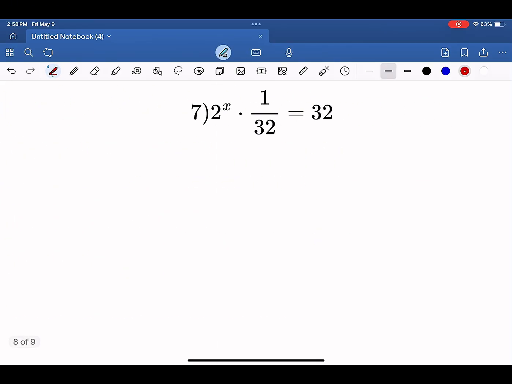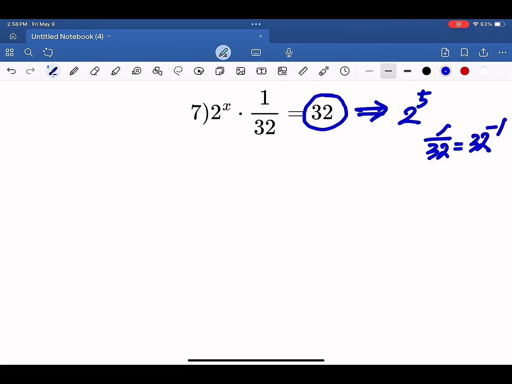Next one. We have base 2 and 32. So 32 is 2 to the 5th power. And 1 over 32, same thing. You flip the 1 over 32, which is 32, and then you take the opposite sign, which is negative 1.